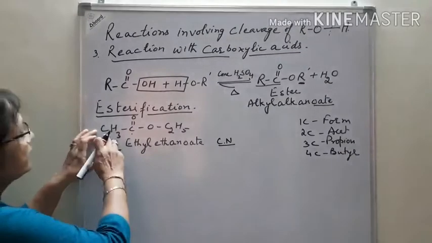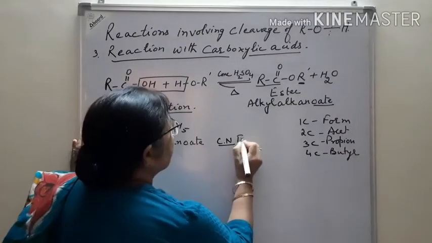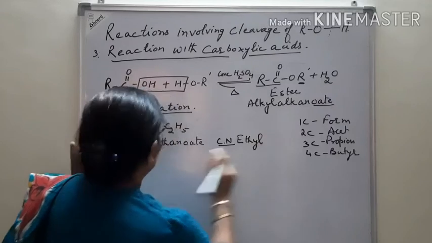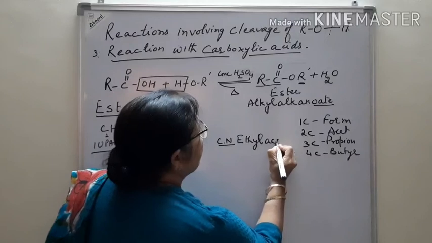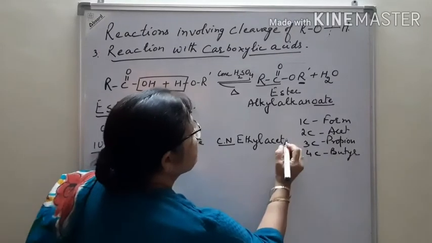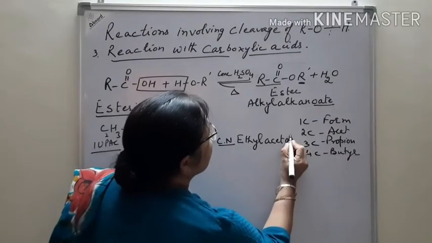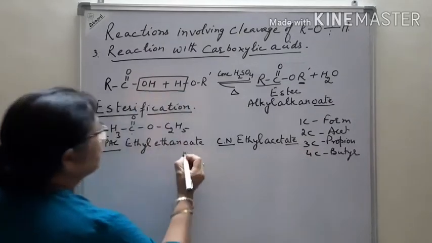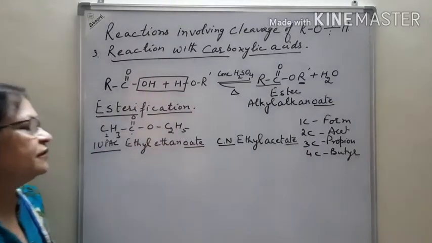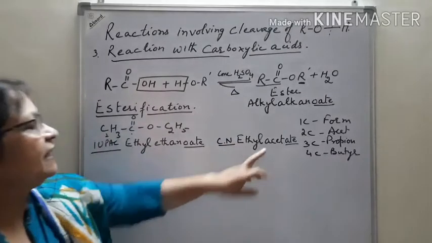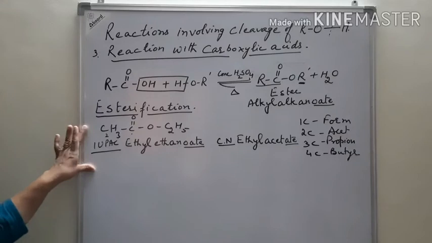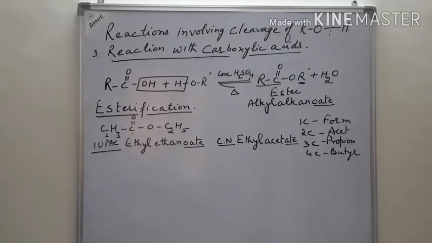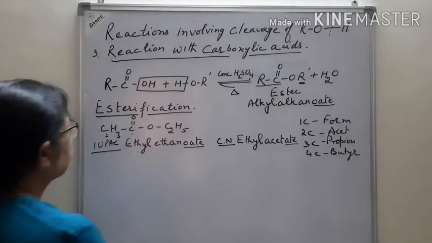It means its common name will be ethyl. The number of carbons in the chain is 2, the common name for 2 carbons is acetic acid, and the suffix here is -ate, so ethyl acetate. That is the nomenclature for the esters. That should be clear, right?